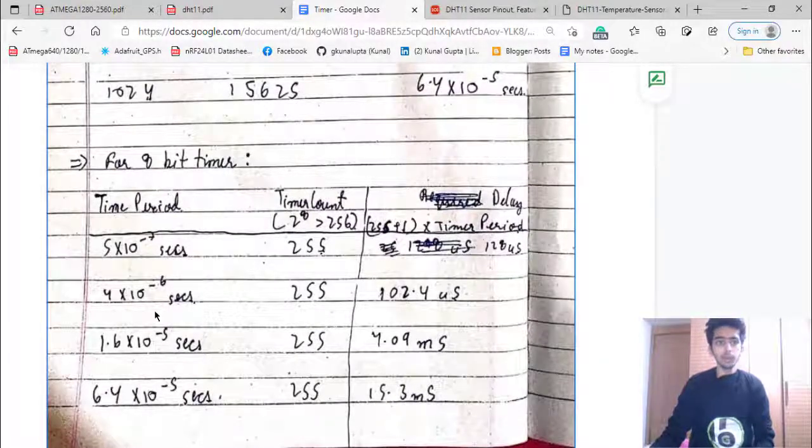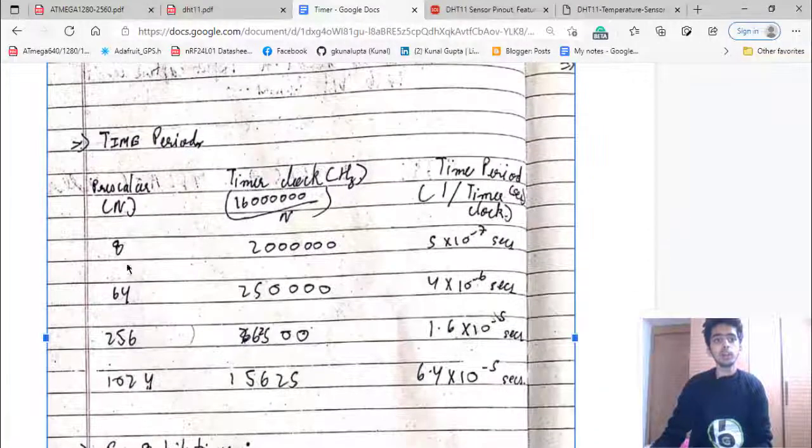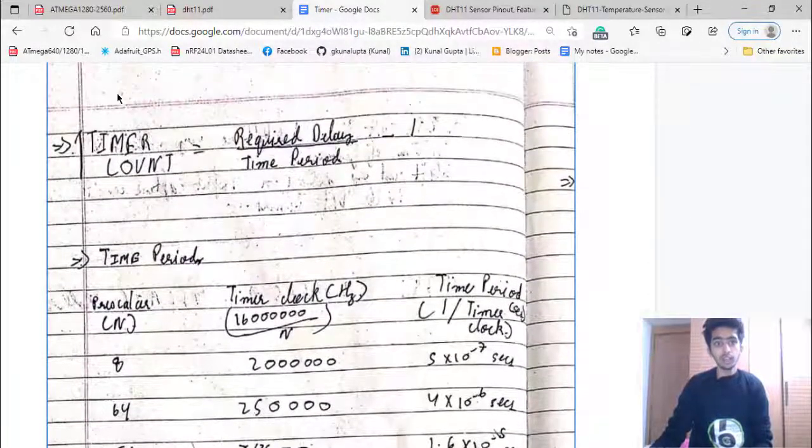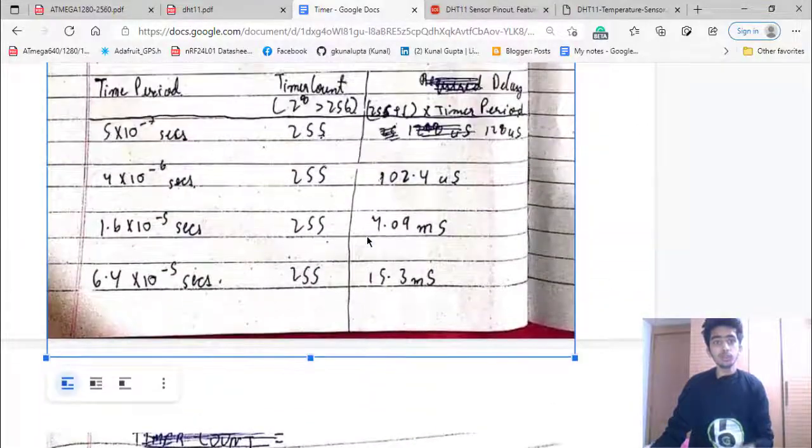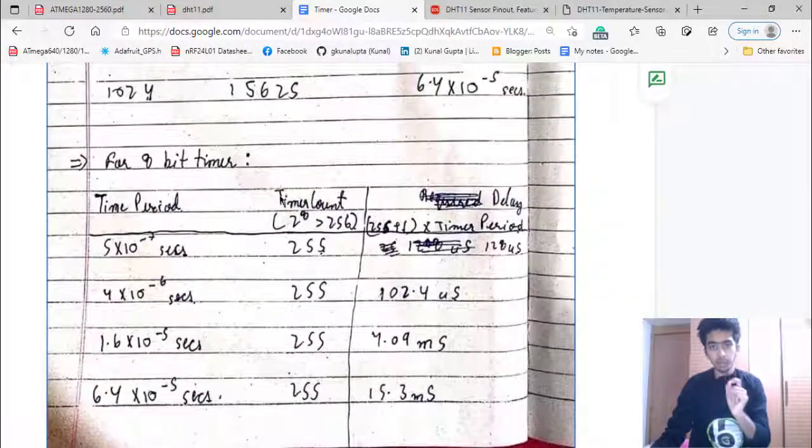Similarly, for other prescalers, correspondingly upon the time period, I can get to know my maximum delay. Why I am telling this, you will get in just a minute. The time period depends upon the prescaler, and the formula is this. So from the 8-bit timer, the maximum delay we can get is 15.3 milliseconds.